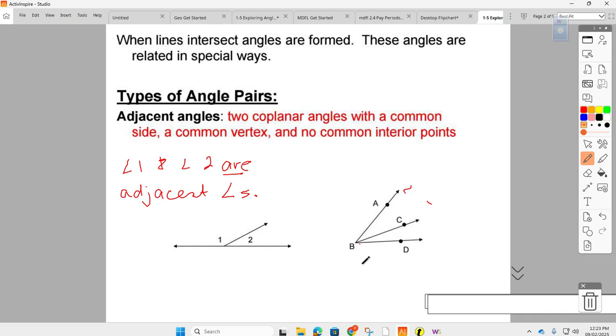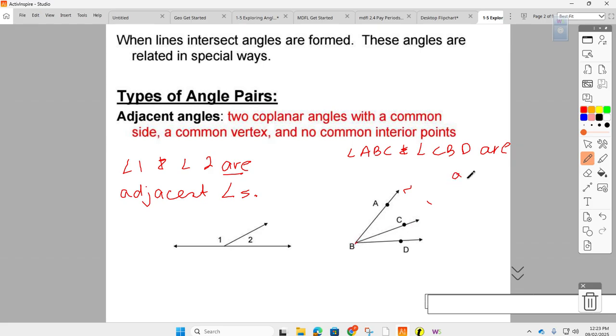Two of the angles are adjacent angles. So angle ABC and angle CBD are adjacent angles. They share that side, ray BC.